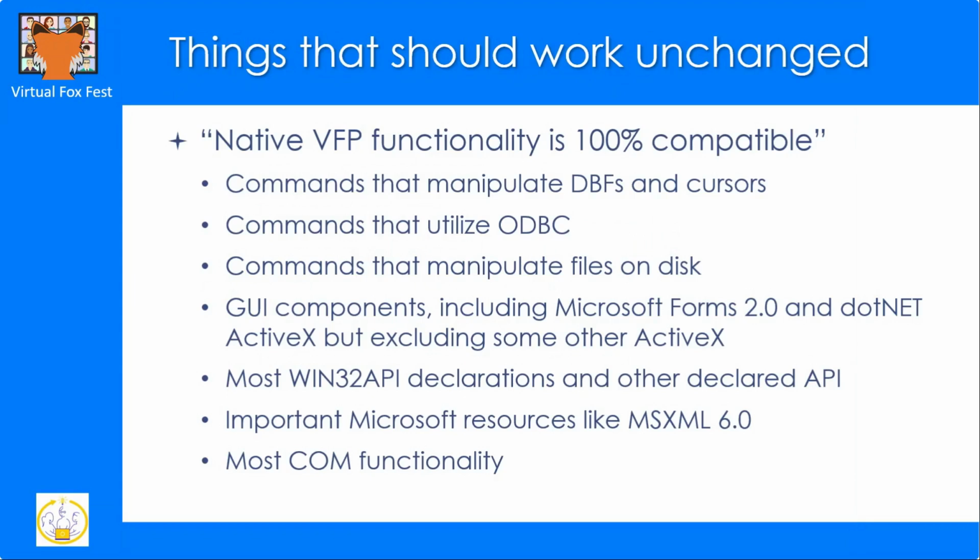VFPA allows you to decide how many times it tries to repeat that command before it gives up. And that means your application can continue without issue through any momentary outages. Quite useful, especially if you're using shared DBFs.